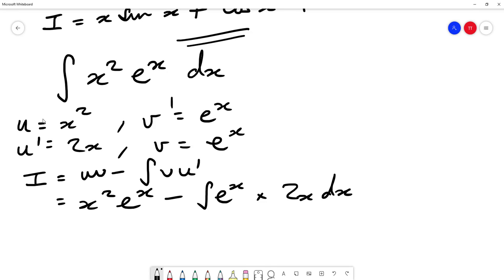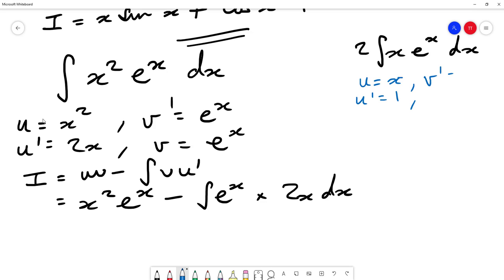So what I'm going to do is take e to the x times 2x and separate it as 2 times the integral of x times e to the x dx as a separate integral. So I can use parts again, so I'm going to write that in blue. So u is x, u dash is 1, v dash is e to the x, and don't forget the integration of e to the x is also e to the x.